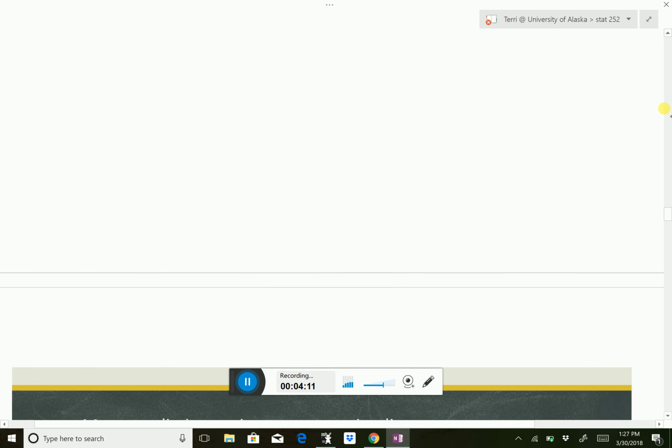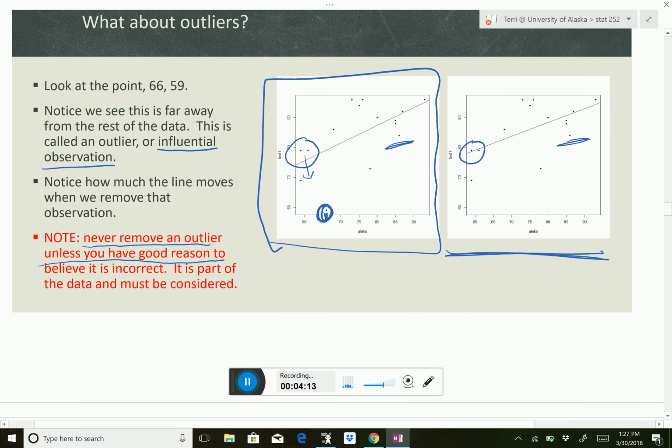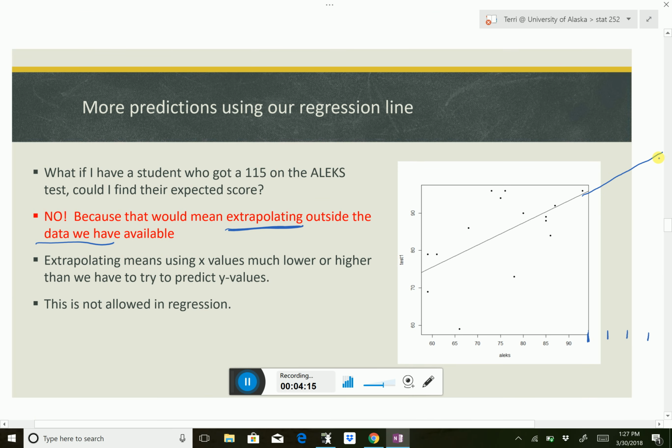I can't do that. I can't say I want to know what's going on over here, because I don't have any data out there. I don't know what's going on. What happens after this? Does it go down? Does it go up? I have no idea what happens after that. I don't think it goes down, but does it level off maybe?